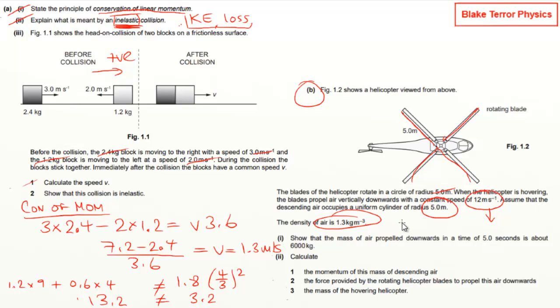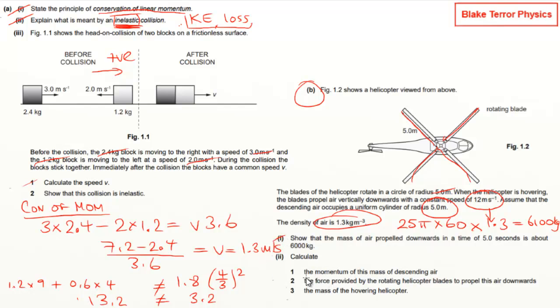So the cylinder is going to be pi r squared, so pi times 5 squared, 25 pi, multiplied by this 60 height. That's our volume. Multiply that by the density of 1.3. And we're going to have to go to the calculator because of this pi. 6127, so 6100 kilograms to two significant figures. So that's come out okay.